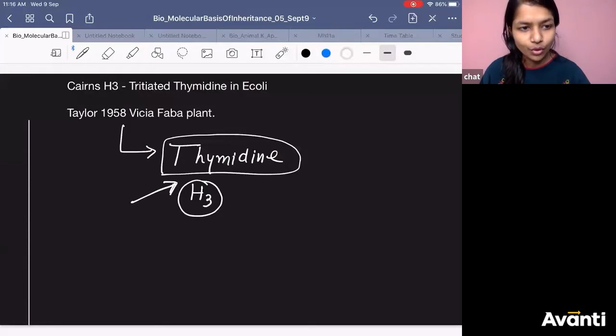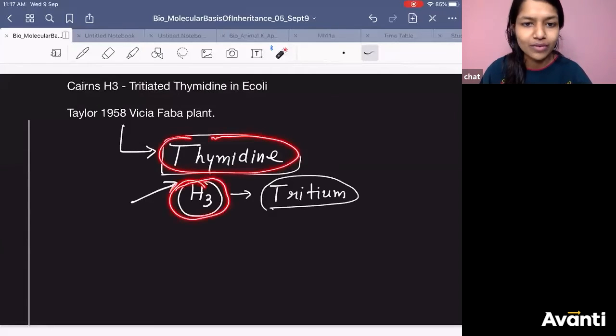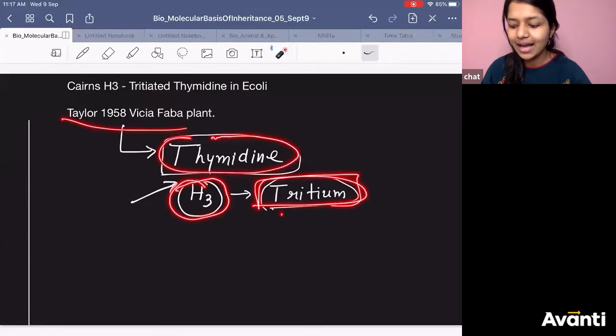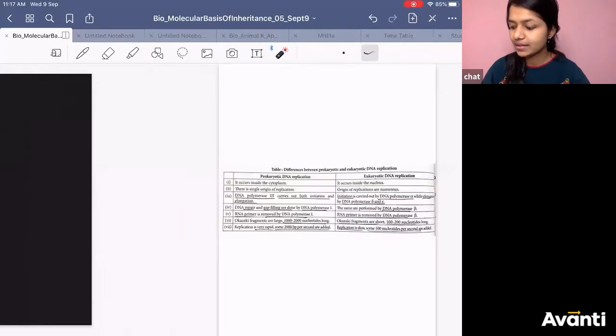Protium, you know it? Tritium is 3, right? This is tritium. So, he had used thymidine, in which he had used the isotope of hydrogen, tritium. Using this, he had proved the semi-conservative nature of DNA replication. All right.